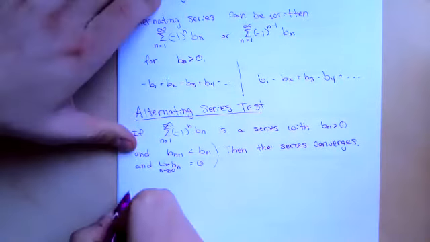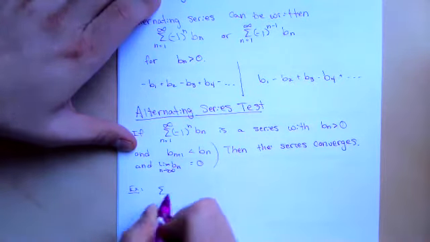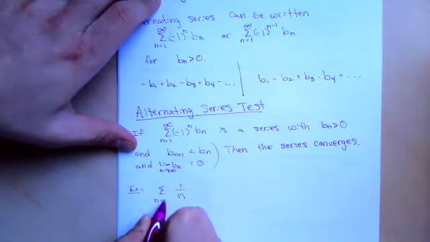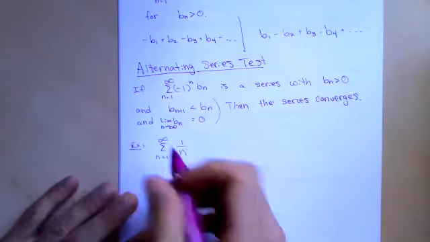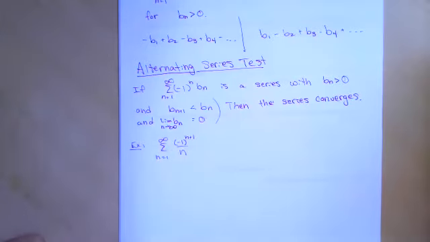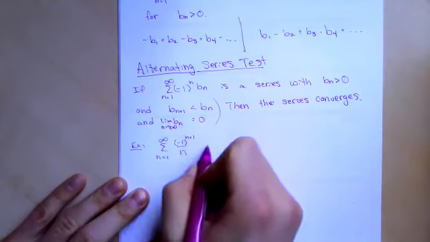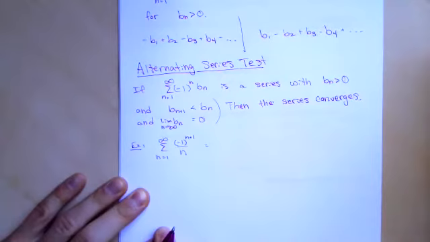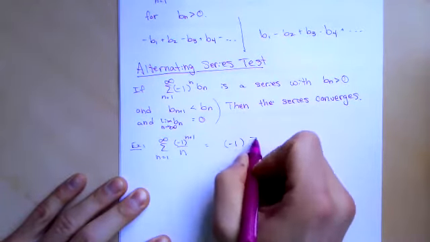So for example, if we take our harmonic series, that's a divergent series. But if it's alternating, then what is this equal to? If we wanted to put it in the format that was previously there, we could pull out one factor of minus 1.